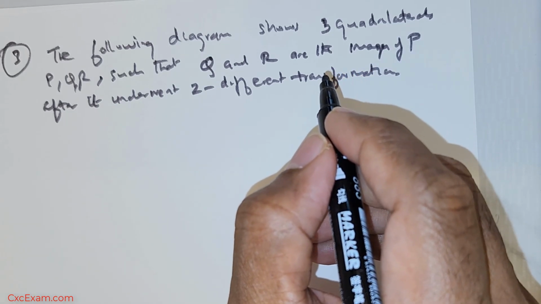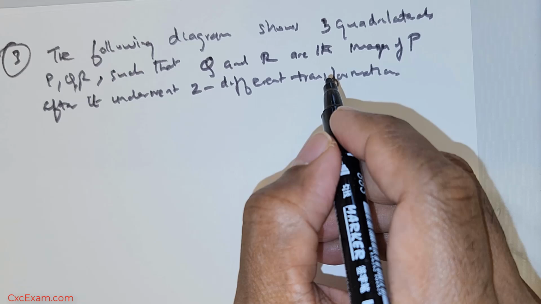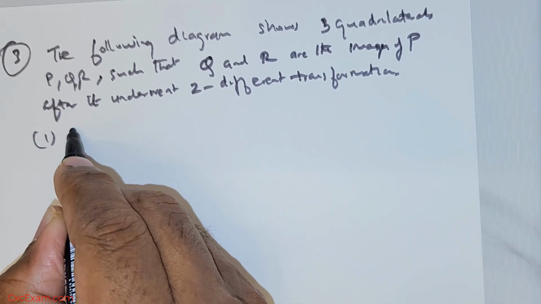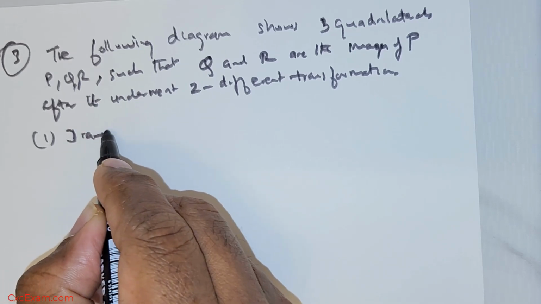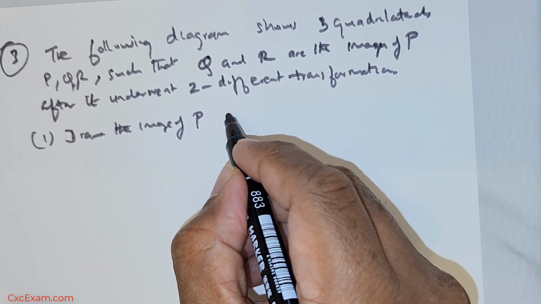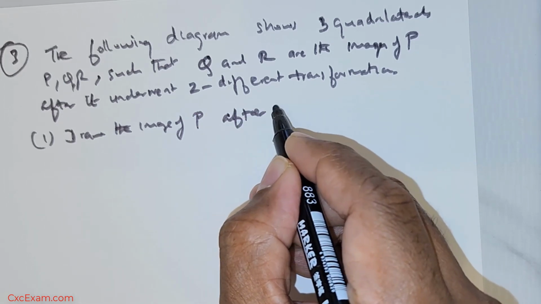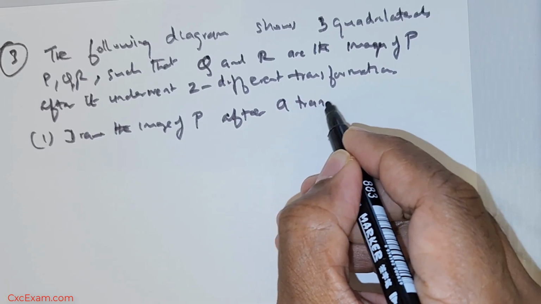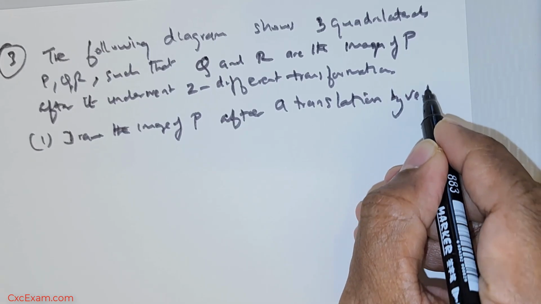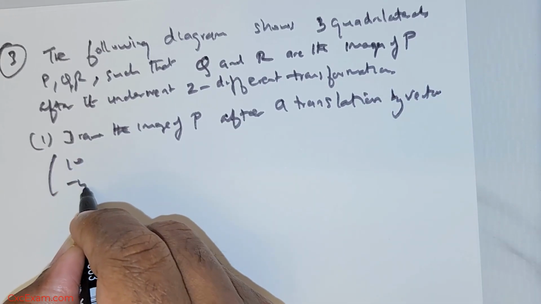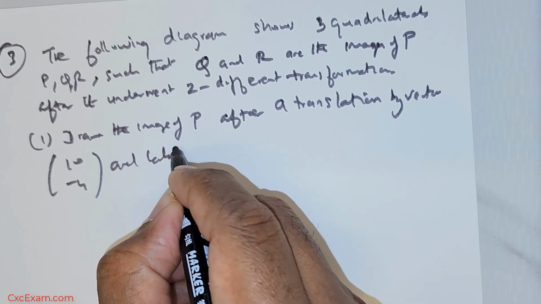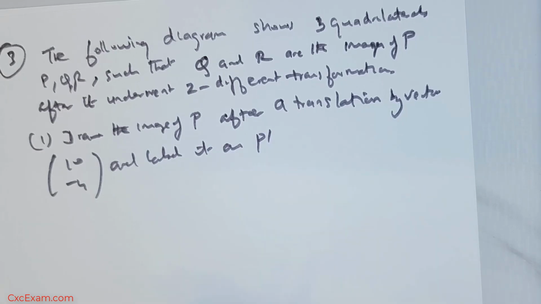Okay, so foremost we have to answer this question. Draw the image of P after a translation by vector (10, -4) and label it as P dash.